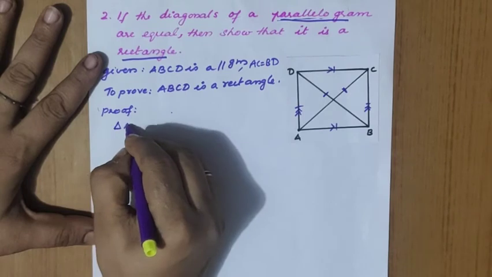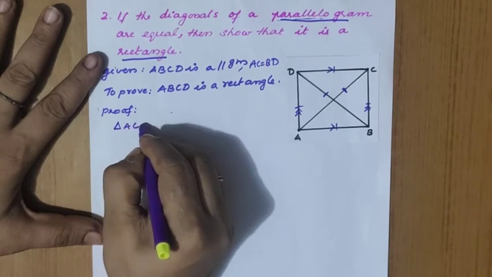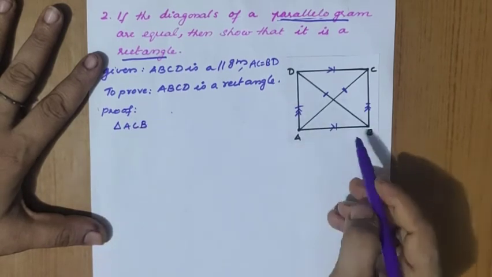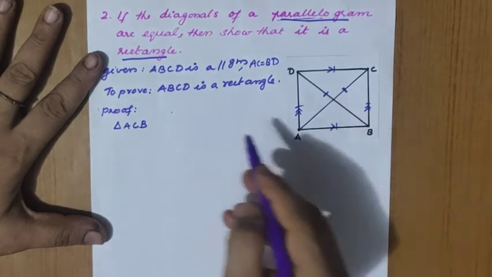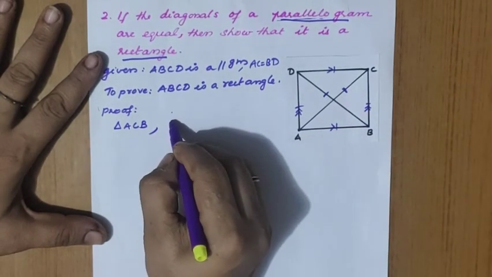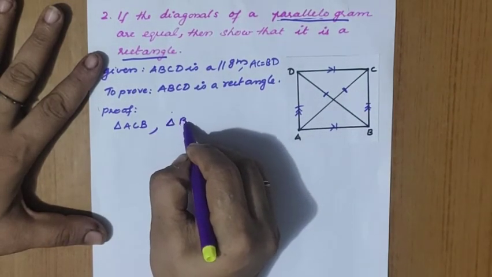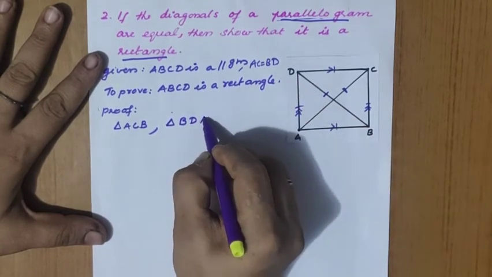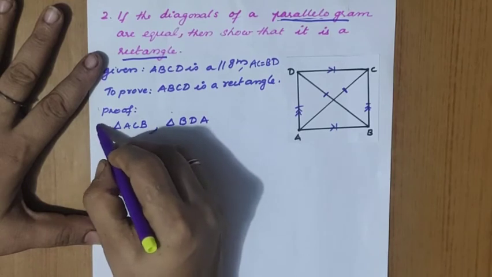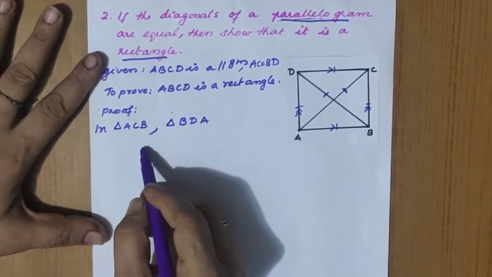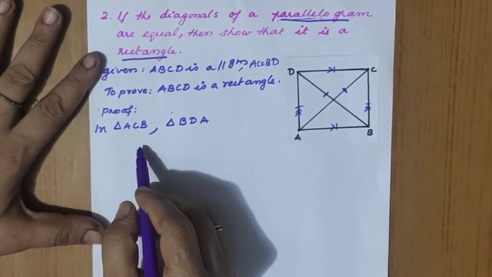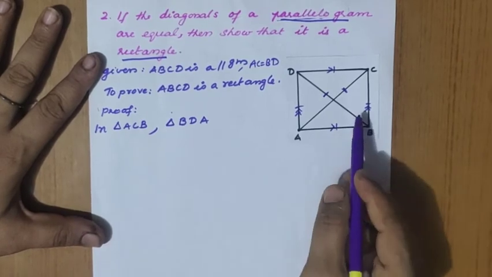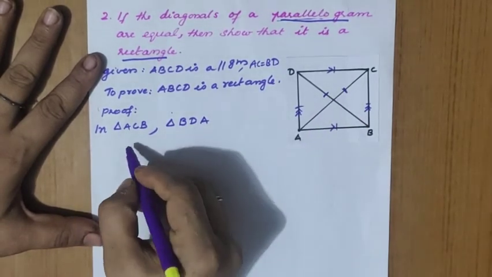So the diagonal AC I have chosen, so ACB is a triangle, and BD is the next diagonal, so triangle BDA. These are the two triangles we are considering for the proof. In triangle ACB, the AC and BD are the first equal sides.